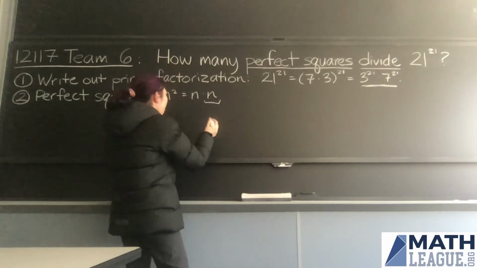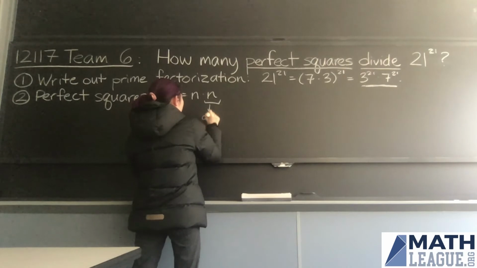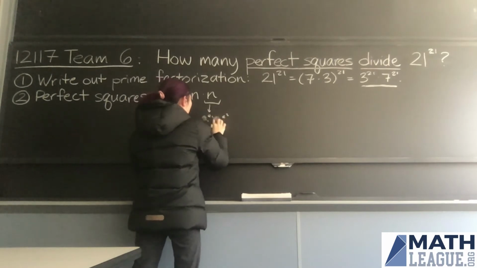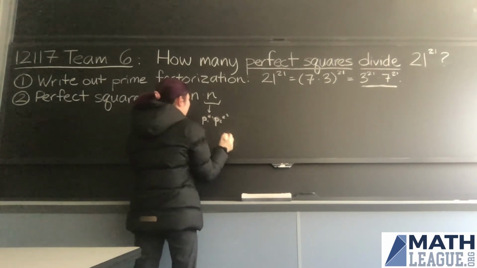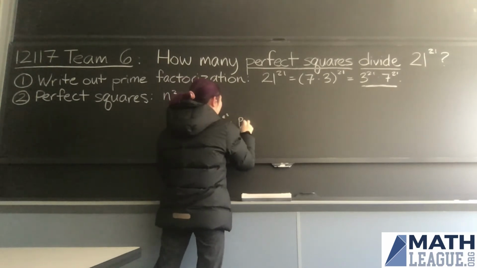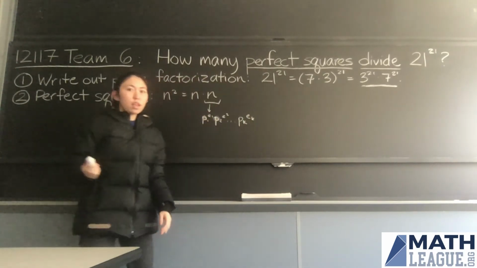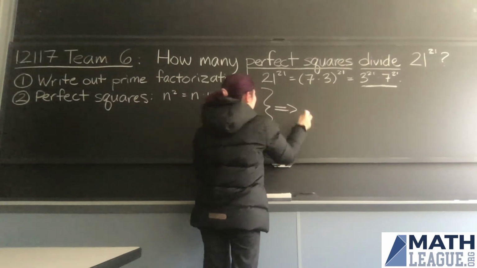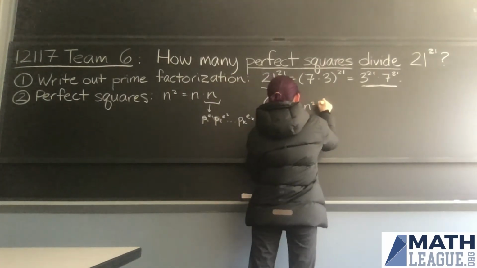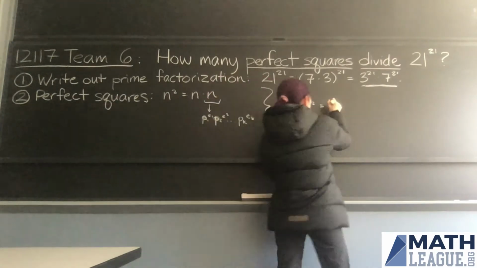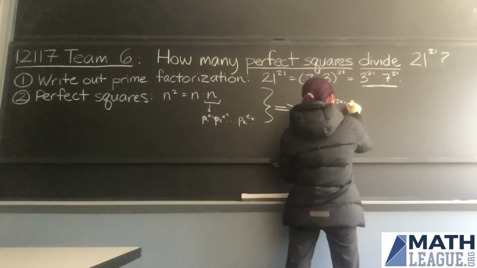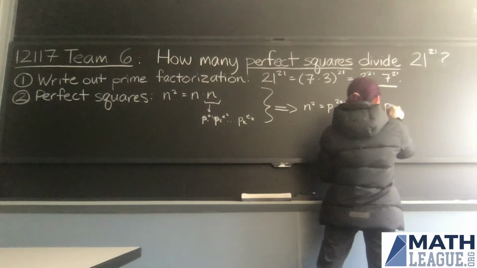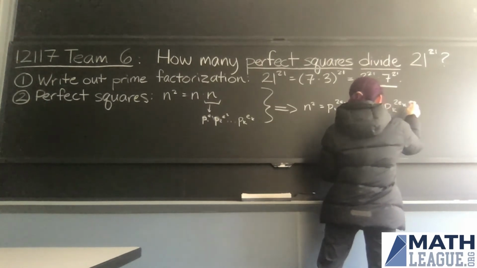So if n is equal to p1 to the e1, p2 to the e2, and so on to pk to the ek, then that means that n squared would have prime factorization of the form p1 to the 2e1, p2 to the 2e2, and so on up to pk to the 2ek.